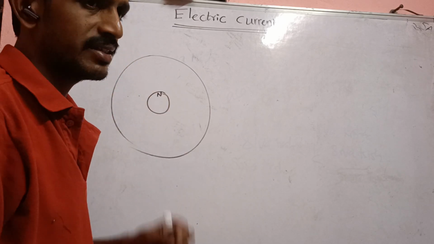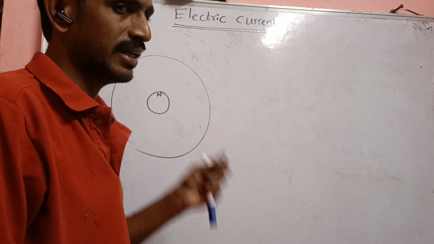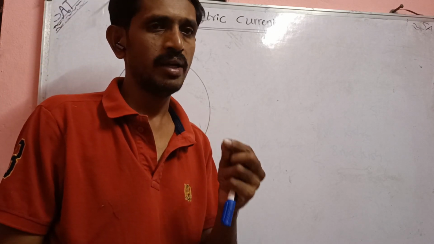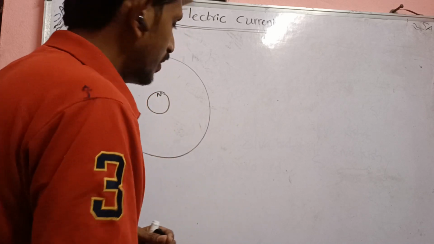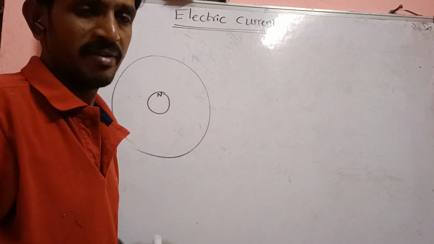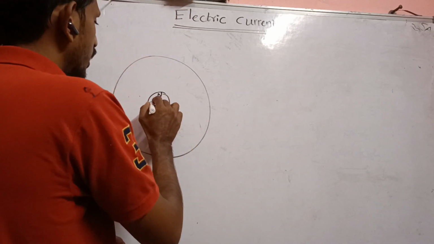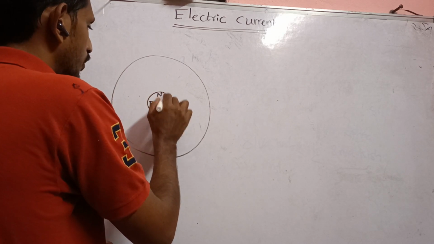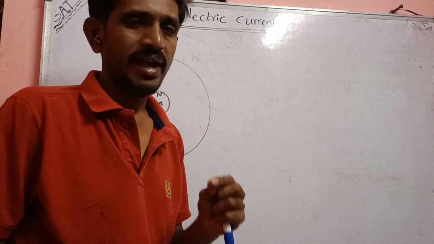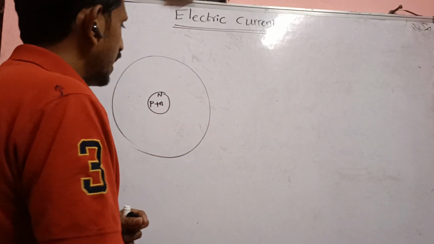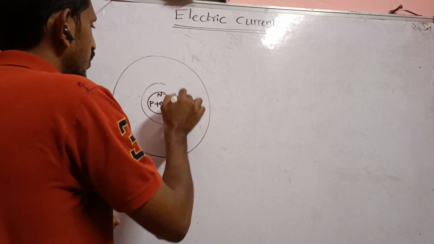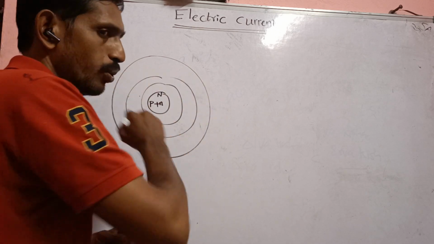The nucleus consists of two fundamental particles, called a proton and a neutron. And one more subatomic particle is there, the electron, which is revolving around the nucleus.